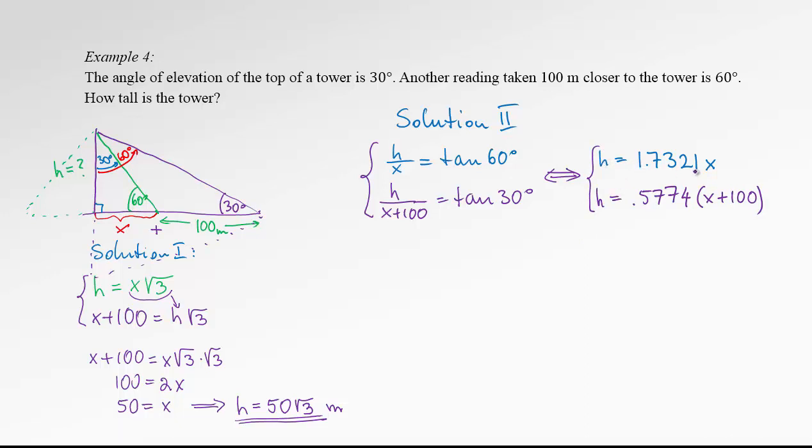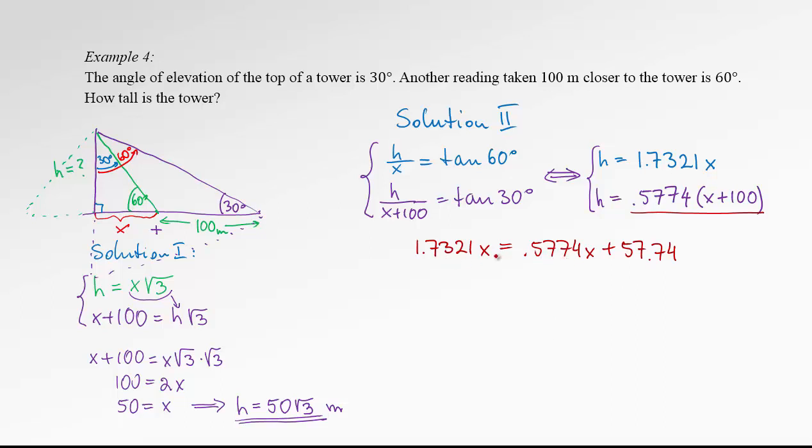Now, since this is h and also that is h, we can compare them and create one single equation. That would be 1.7321x equals this much. In the meantime, we're going to distribute over this bracket, right? So it will be 0.5774x plus 100 times this number, it's 57.74. Just moving the decimal dot 2 places.